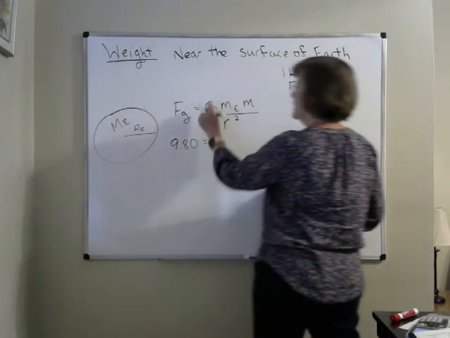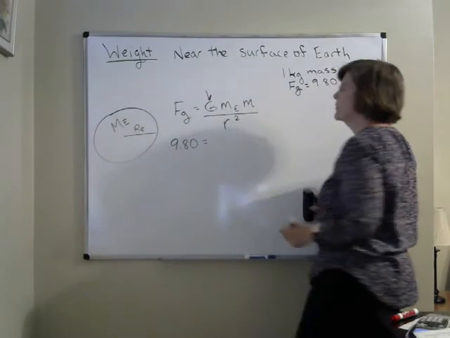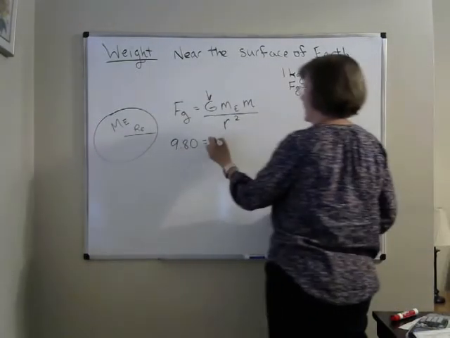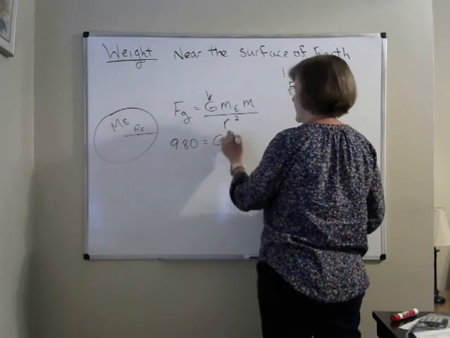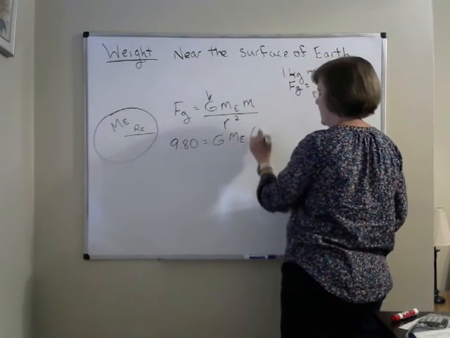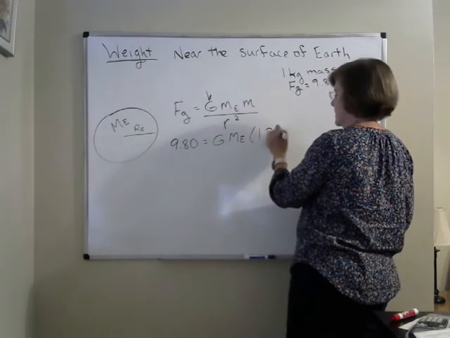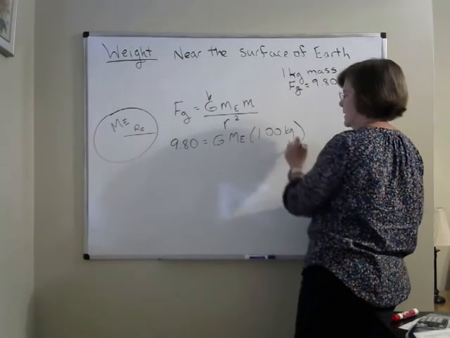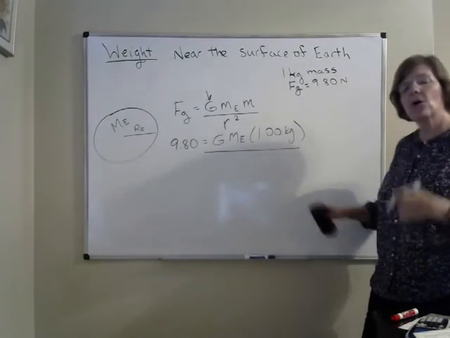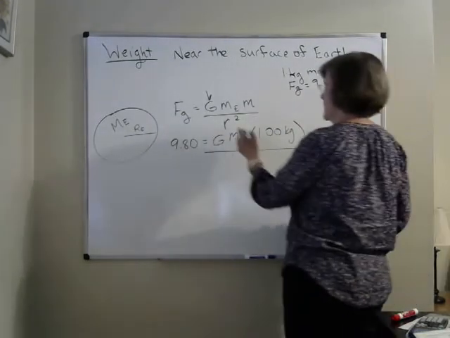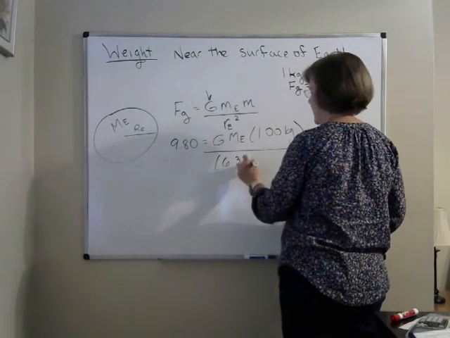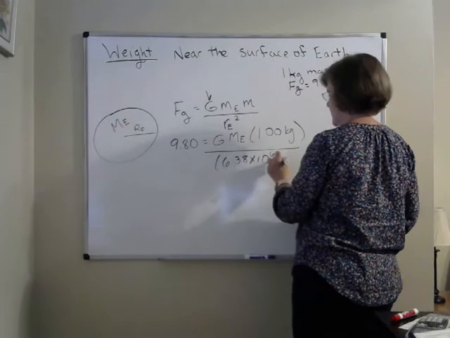And he discovered G. Now, up until now, nobody knew the value of G, but Henry Cavendish measured G. He doesn't know the mass of the earth, but he knows this is a 1 kilogram mass. And other scientists had already determined that the radius of the earth was 6.38 times 10 to the 6th meters.